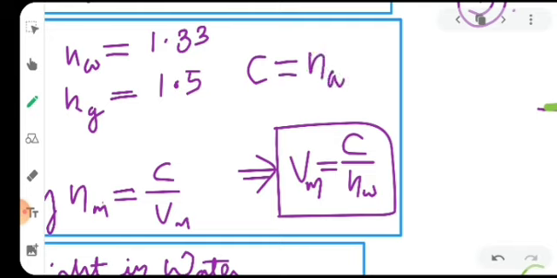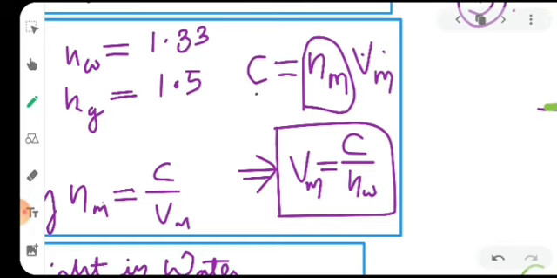You just do the cross multiplication. So the speed of light in vacuum is n times v subscript m. So refractive index is another way defined as a factor that connects the velocity of light in the medium and the speed of light in vacuum.